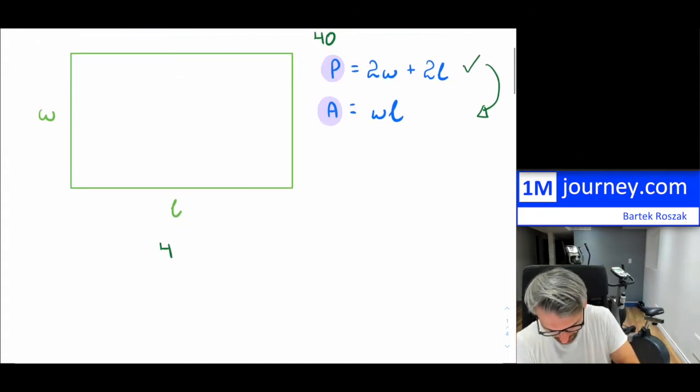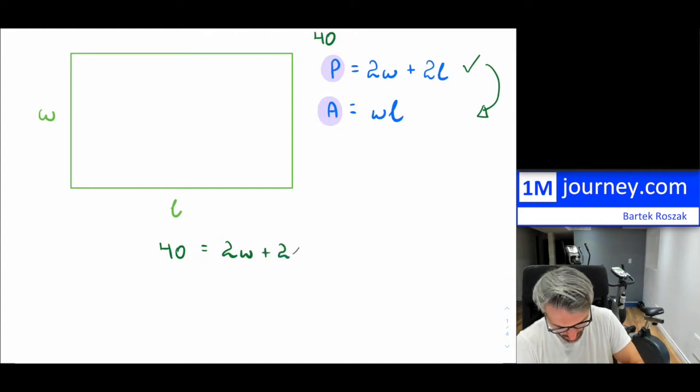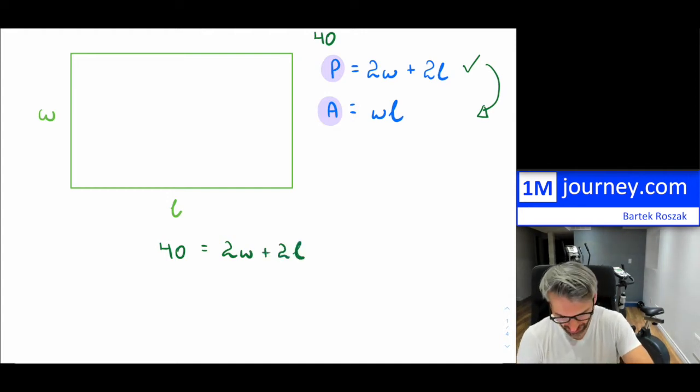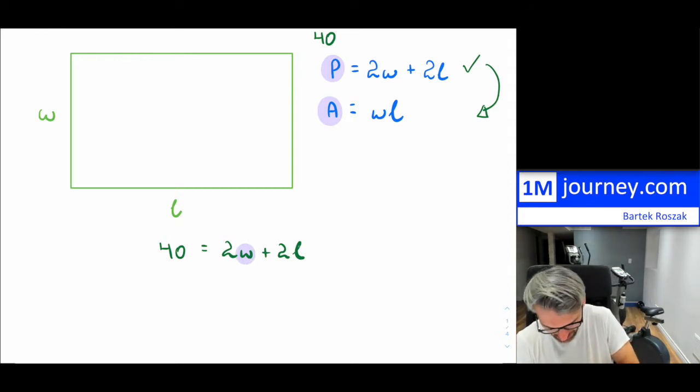I have 40 equal to 2W plus 2L. For the sake of this, I'll isolate for the width. So I'll bring over the negative 2L to this side, because it changes sign.